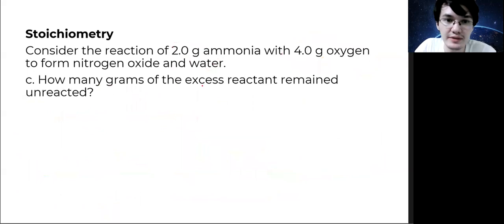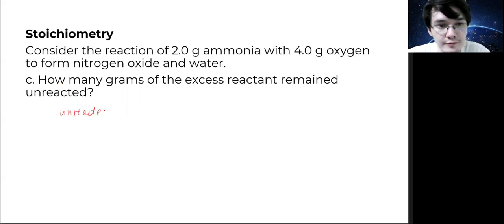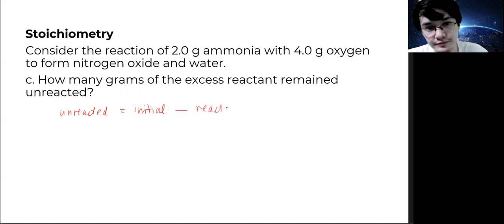So how many grams of excess reactant remain unreacted? So we will use subtraction. The unreacted is equal to the initial amount of the excess reactant minus the reacted excess reactant.